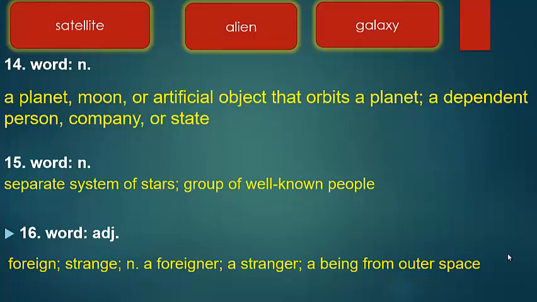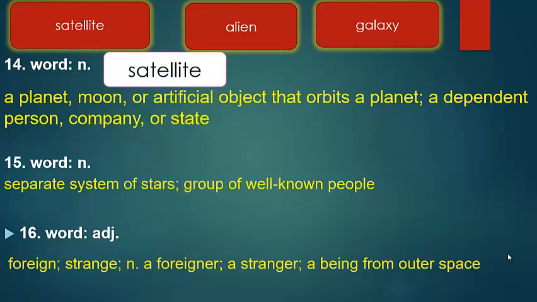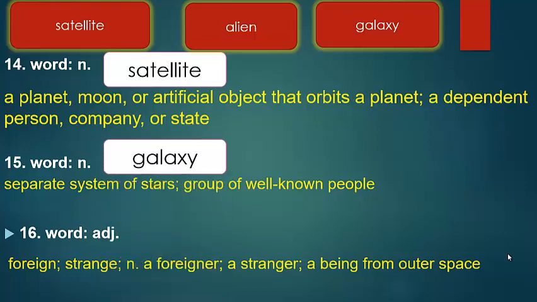It's a noun: a planet, moon, or artificial object that orbits a planet, a dependent person, company, or state. It is satellite. 15. A noun: a separate system of stars, a group of well-known people. Galaxy. So a galaxy could be a group of stars or a group of excellent, distinguished, smart people.